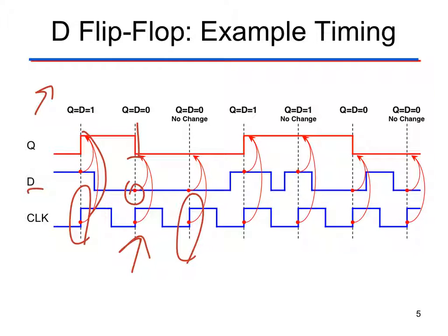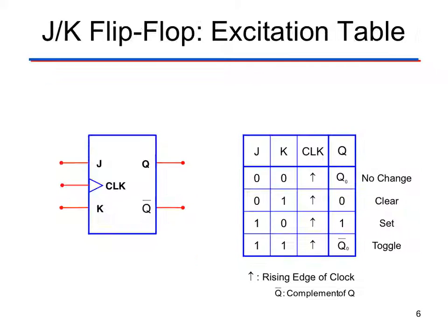On the next rising edge, D is a 0, so the output will stay a 0. At the next rising edge, D is high, so on the rising edge, Q becomes high. Whatever is sitting on the input at the rising edge of the clock will be the output. It's as simple as that.